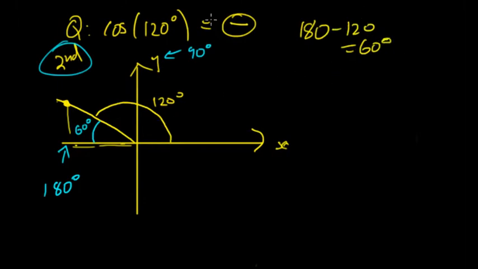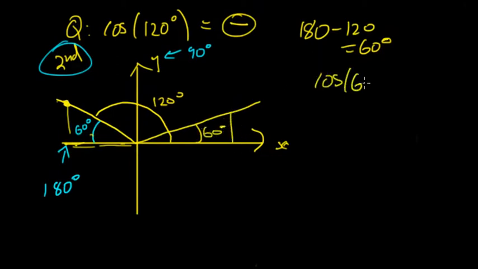So effectively 120 degrees was this angle here, and I know that's 180. So the angle between the x-axis and the line is 60 degrees. And that's the angle we always want to find: the angle between the line and the x-axis, rather than the y, it's always the x. So if we know that's 60 degrees, we know the magnitudes equate to when you have 60 degrees in the first quadrant.